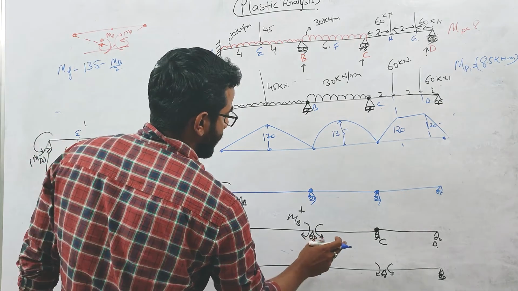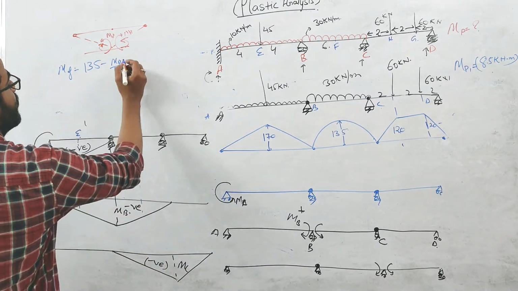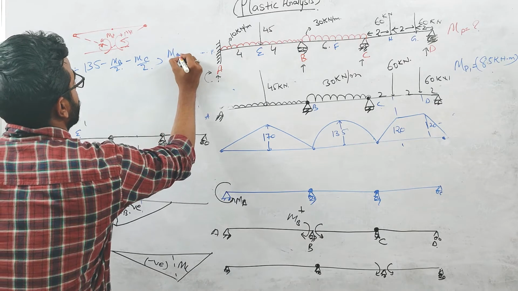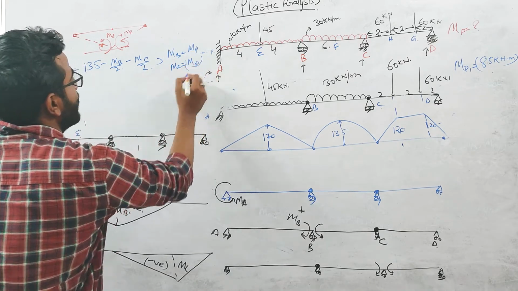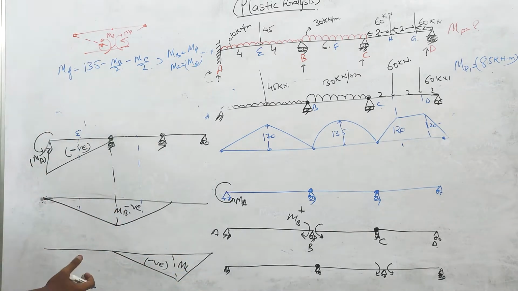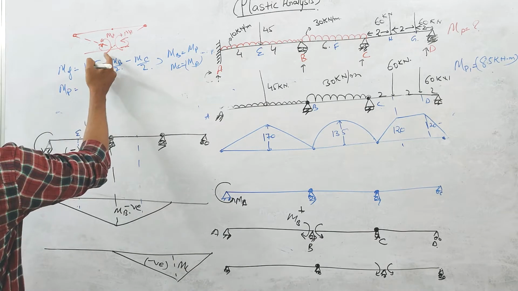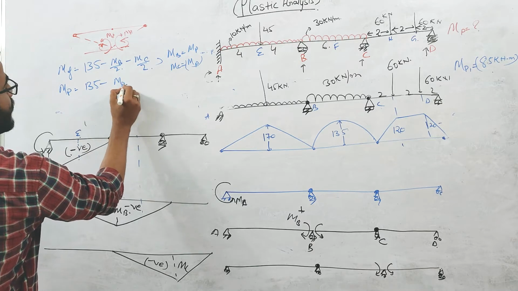And again, due to MC, the moment at F will be minus MC by 2, right? For the collapse, MB equals MP and MC equals MP. Again, I am not taking the minus MP because we have already taken MB and MC as negative. So MF will be MP, sagging moment, and this is 135 minus MP, right?